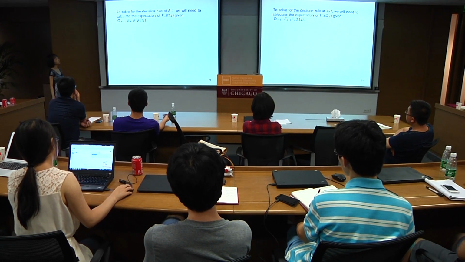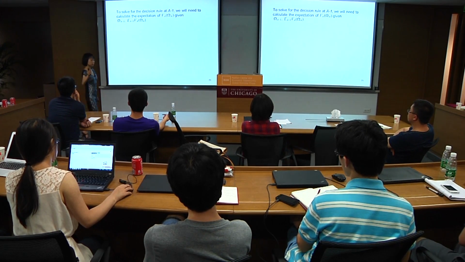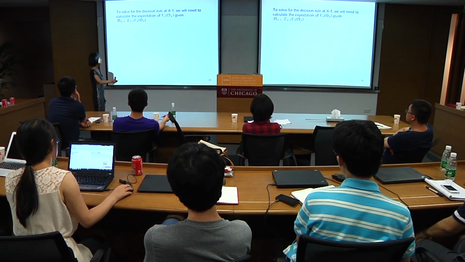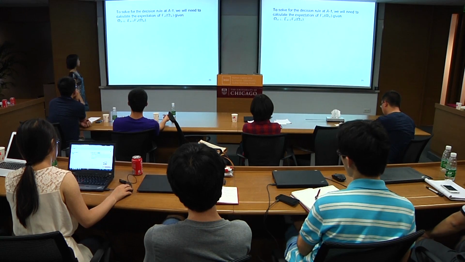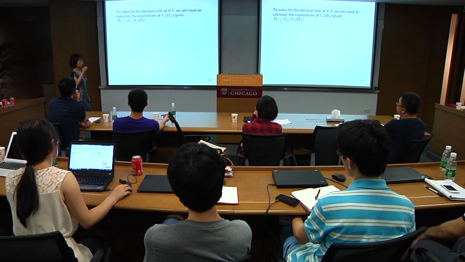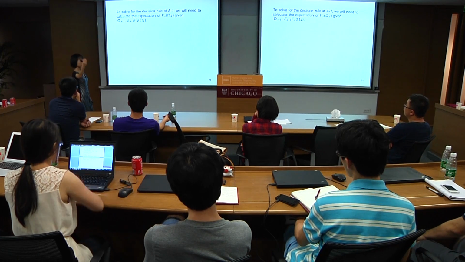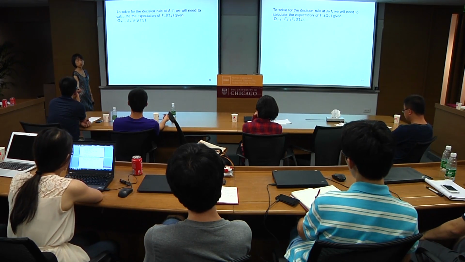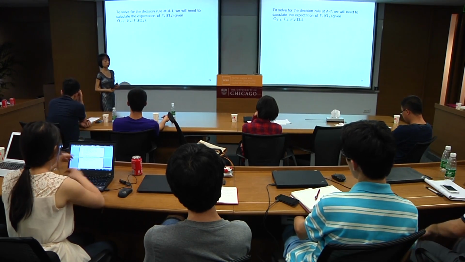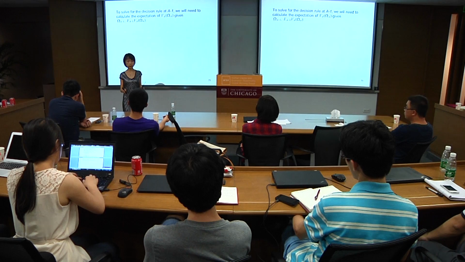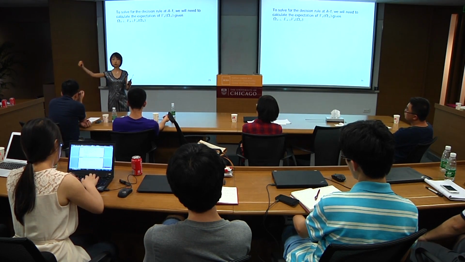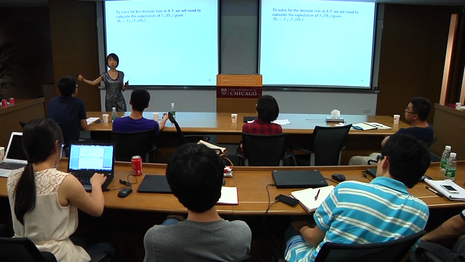And to solve the decision rule at the second-to-last period, you need to calculate the expectation of the next period value function. Remember, this period, I care about this period's expected utility plus my future value. And you have to give me my future value.